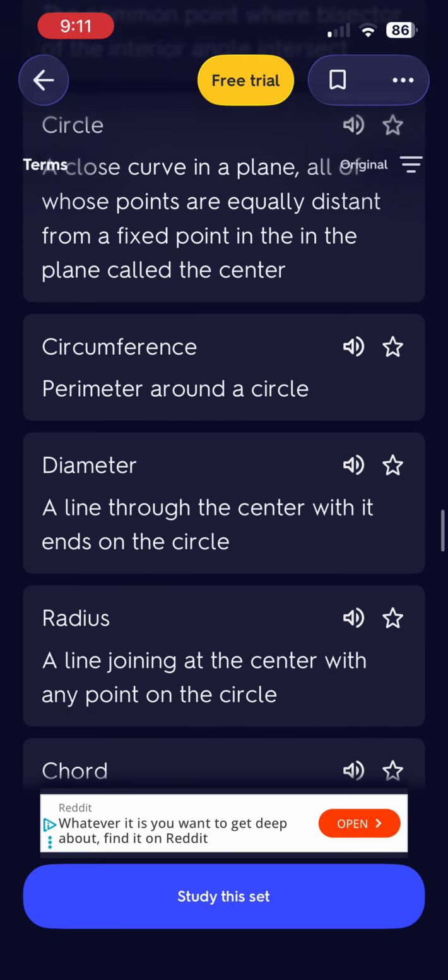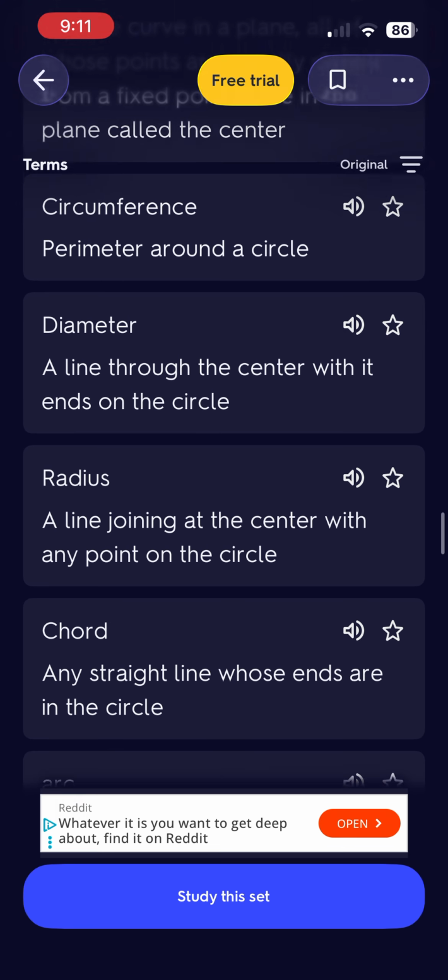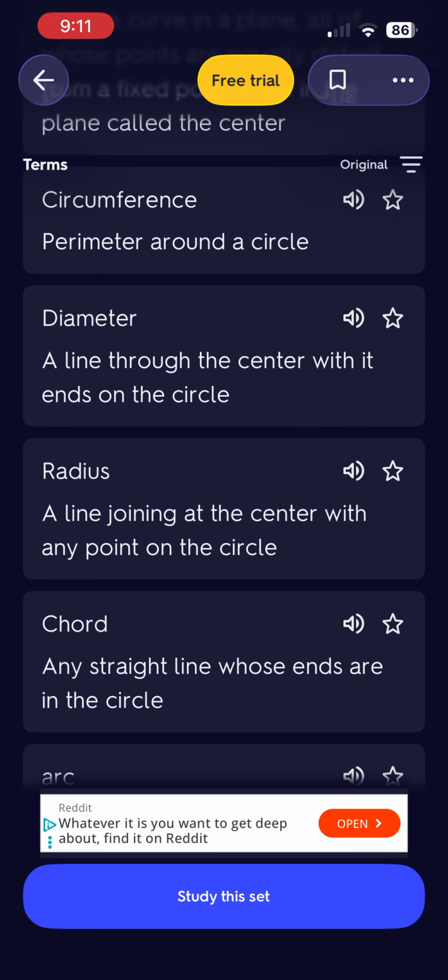Perimeter around a circle. Diameter. A line through the center with its ends on the circle. Radius. A line joining the center with any point on the circle. Chord. Any straight line whose ends are on the circle.